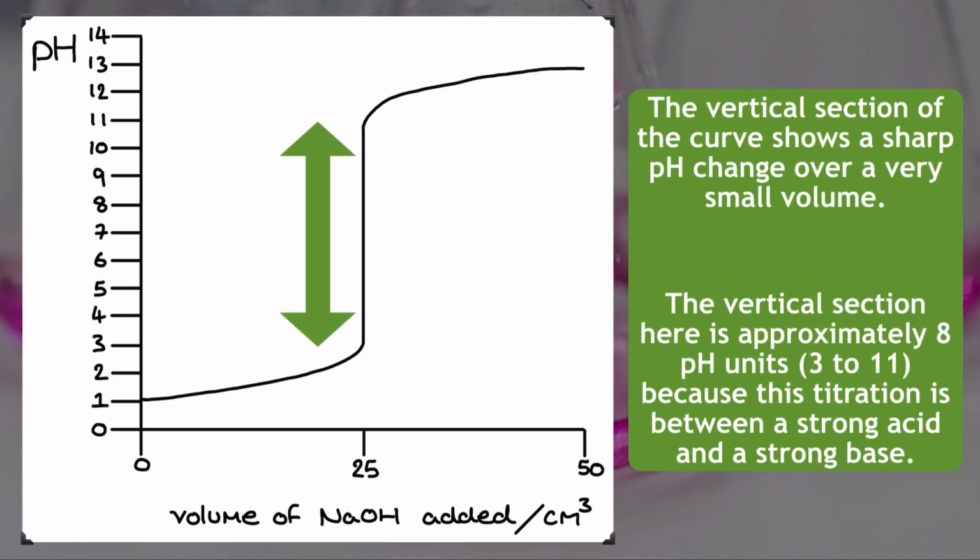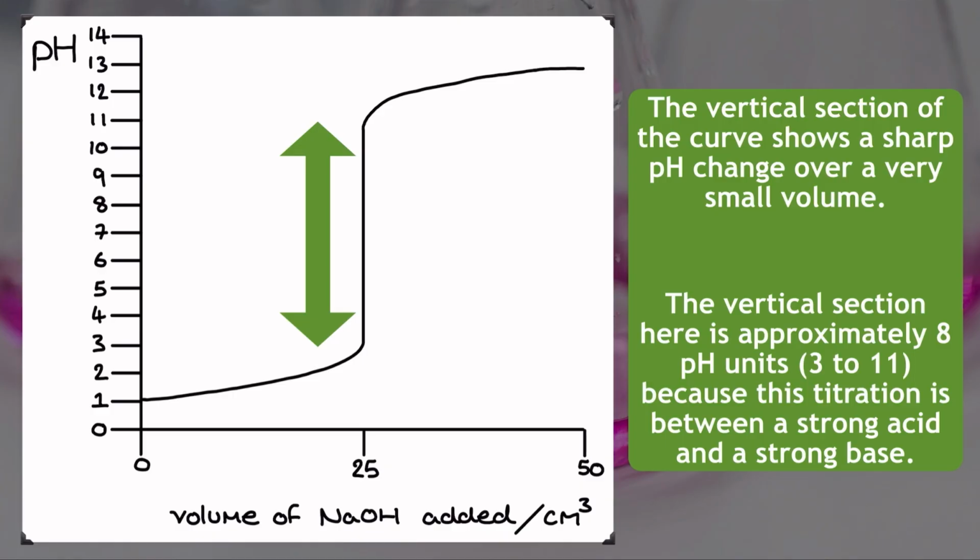Next up, you'll notice the graph has this vertical section to it, and the vertical section, if you consider the x-axis down here being volume, shows the curve has a very sharp pH change over a very small volume. We're talking drops here. The vertical section here is approximately 8 pH units.